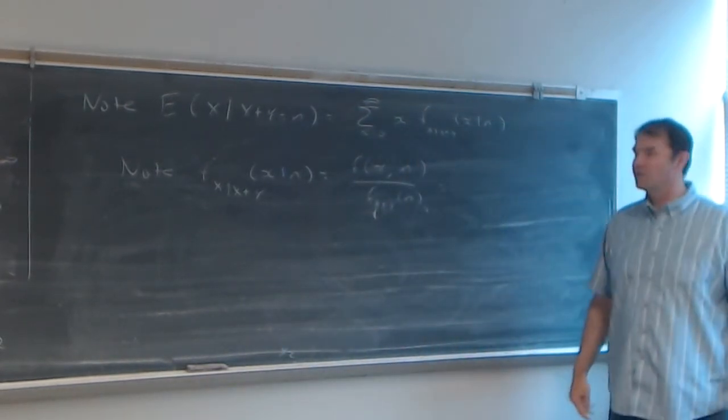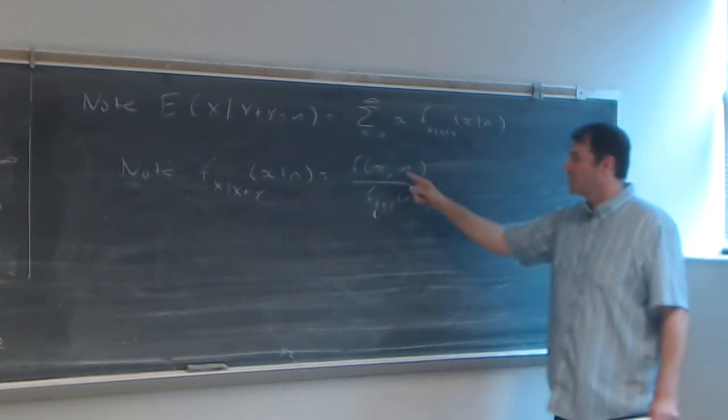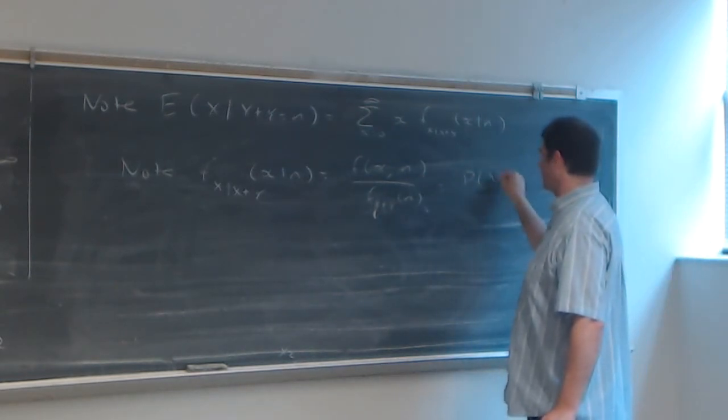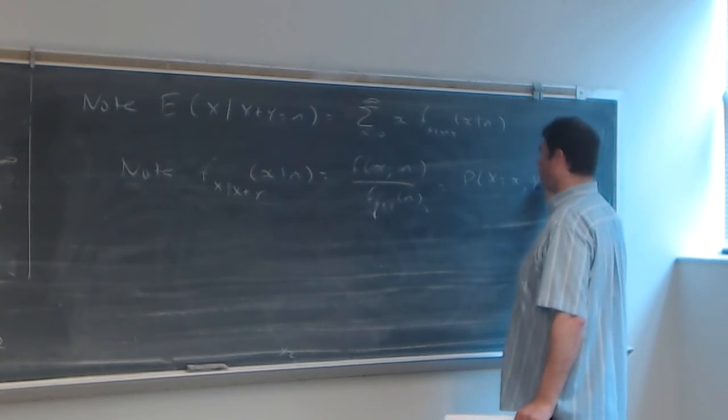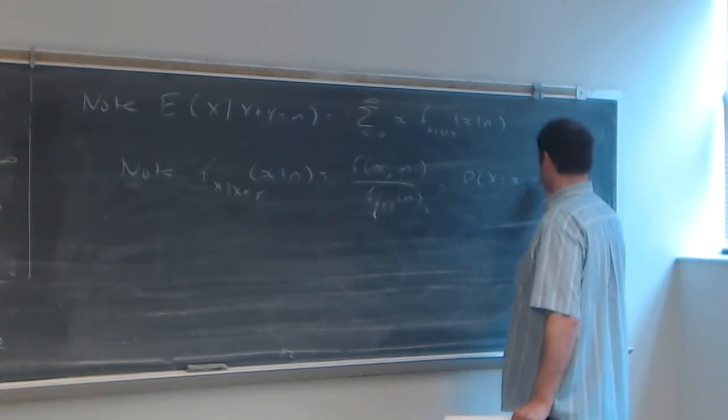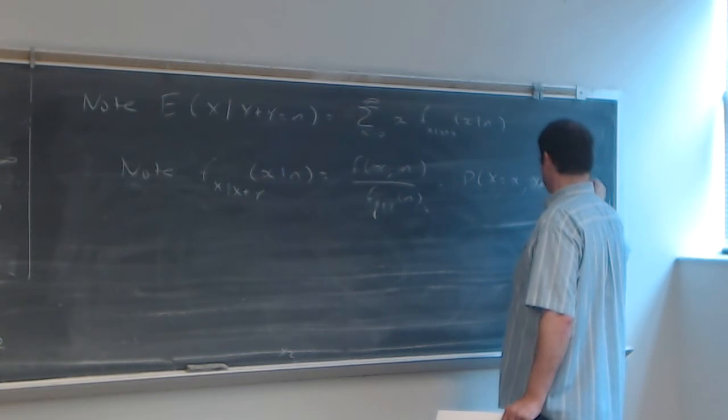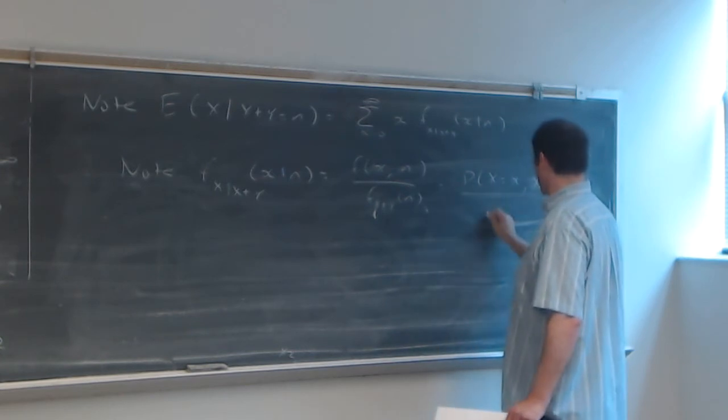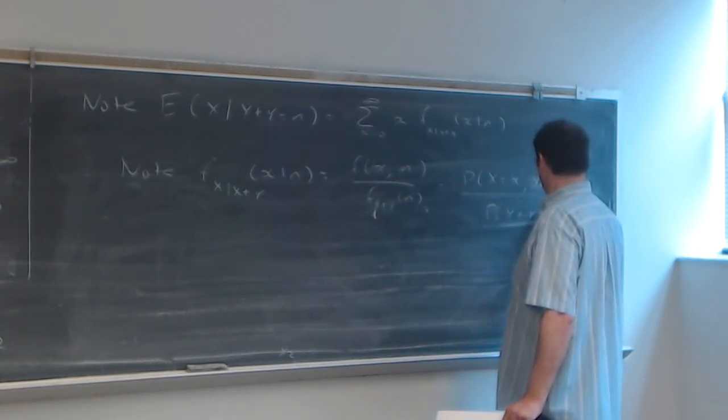And in terms of these PMFs, the joint PMF here, this means the probability that x is equal to x and x plus y is equal to n, over the probability that x plus y equals n.